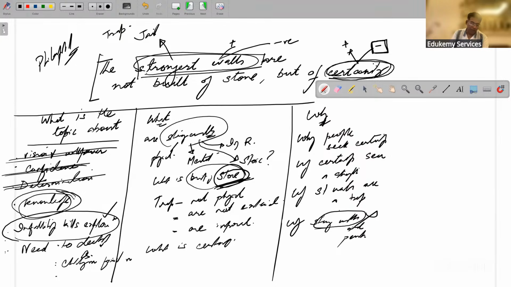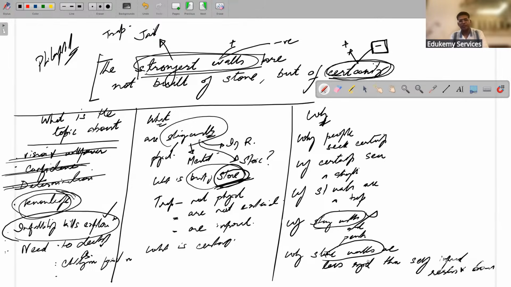So Aditya, your point I'll rephrase as: why stone walls are less rigid than self-imposed restrictions and boundaries. यहाँ पर stone walls are external walls that others have made. यहाँ पर stone wall का मतलब वो होगा कि जो बाहर के लोग बना रहे हैं.